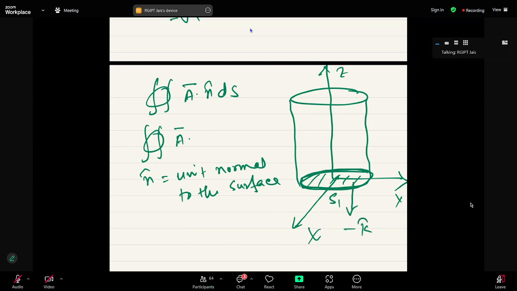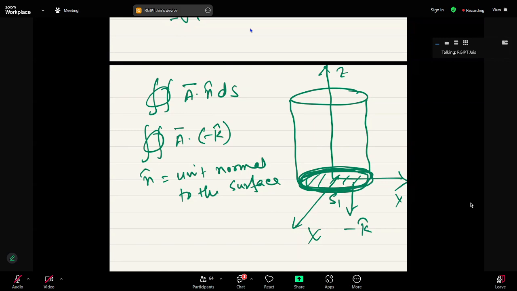And what will be the surface element for this circle? What will be ds? This we know minus k cap, we have to find ds also. This S1 is on the xy plane.